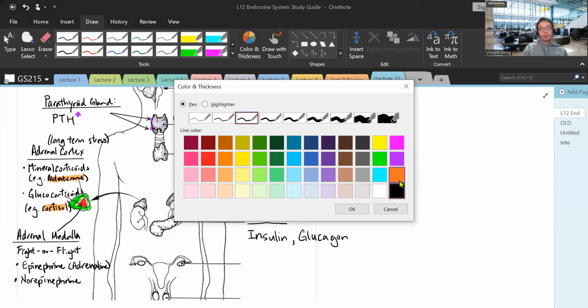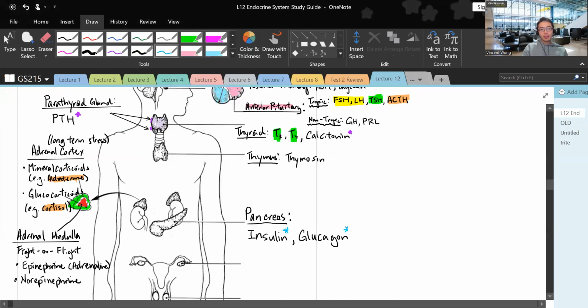And you probably guessed it, I am going to put a star next to these guys, right? I'm just going to write here since we have space. These are antagonistic hormones that help maintain blood glucose level. Right?